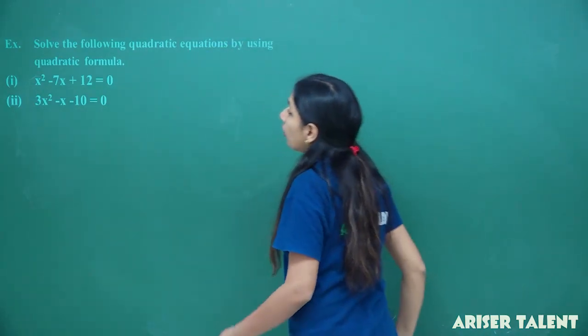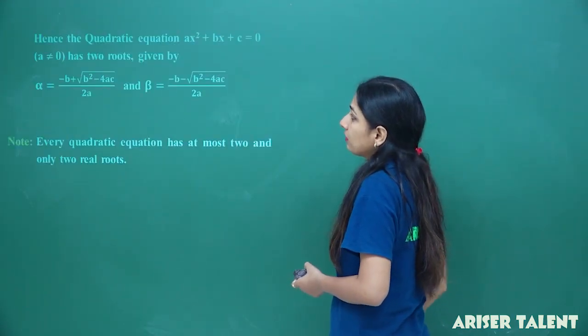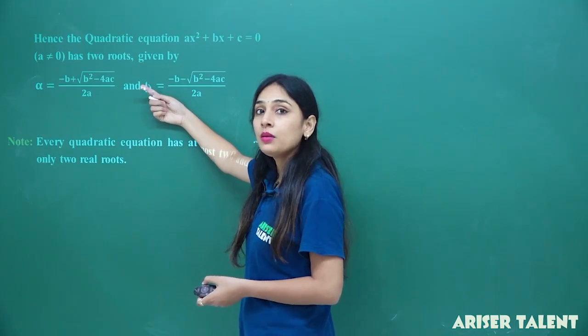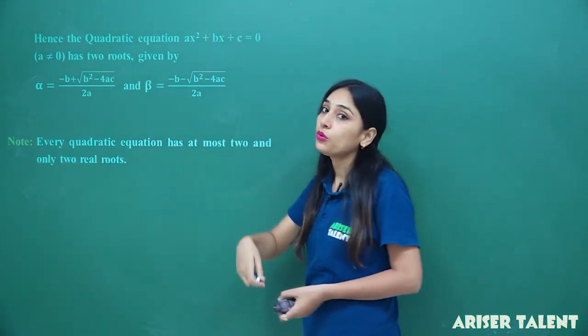Now what was our quadratic formula? Our quadratic formula was minus b plus minus root b square minus 4ac upon 2a.